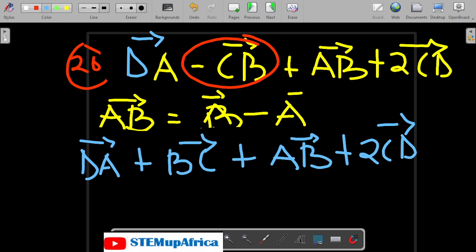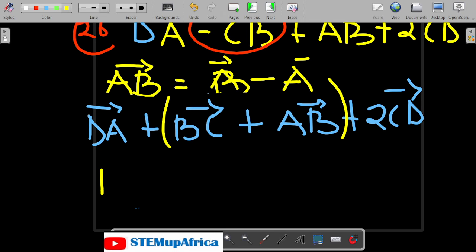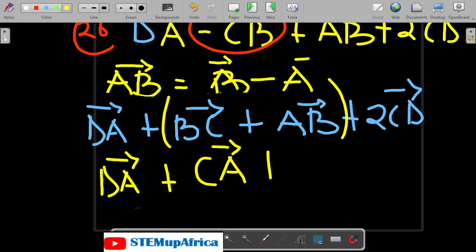Okay? So we can first of all deal with these two by adding these two first. That will give us DA plus BC plus AB. That will give us DA plus 2CD.